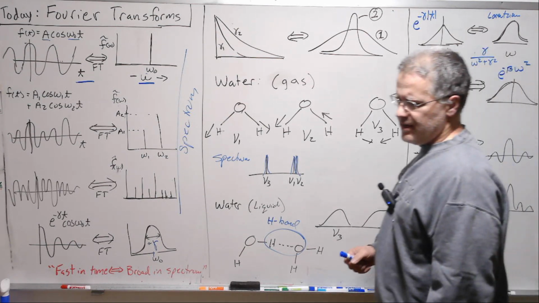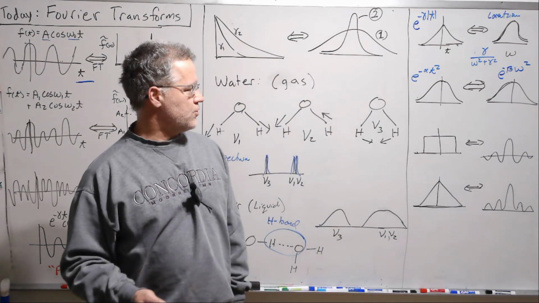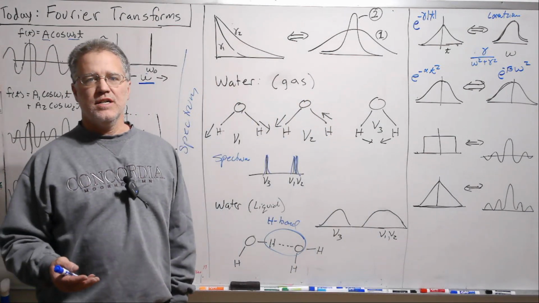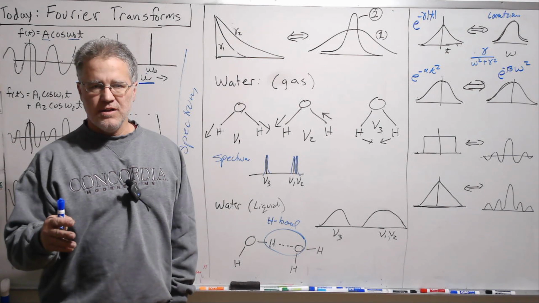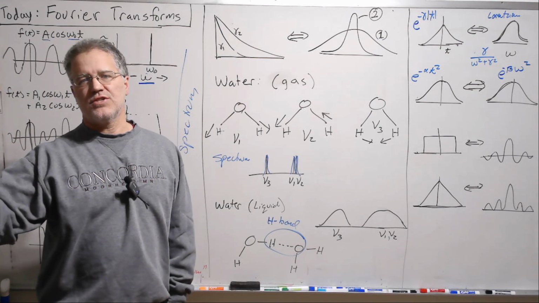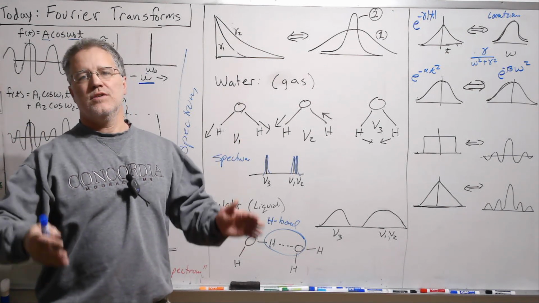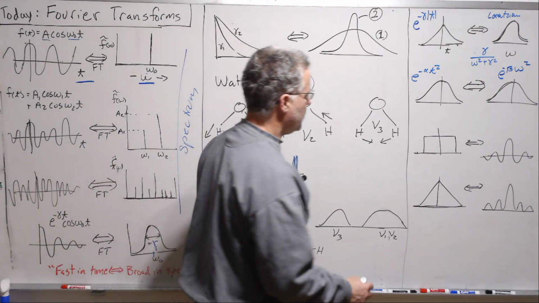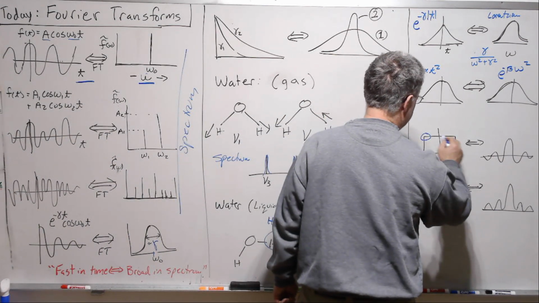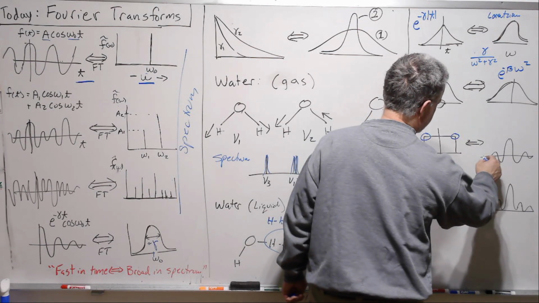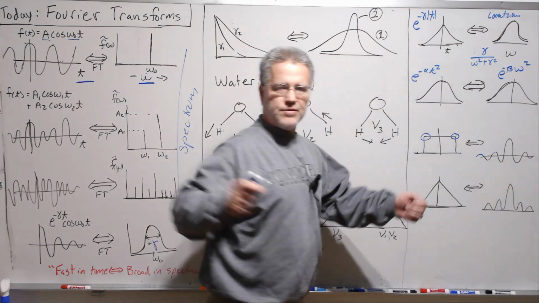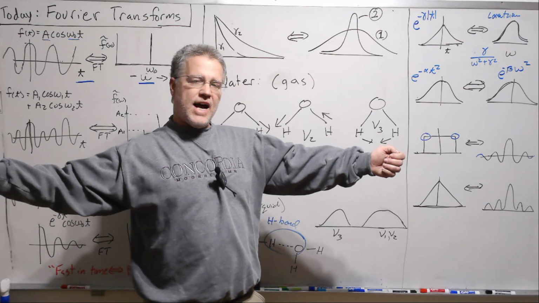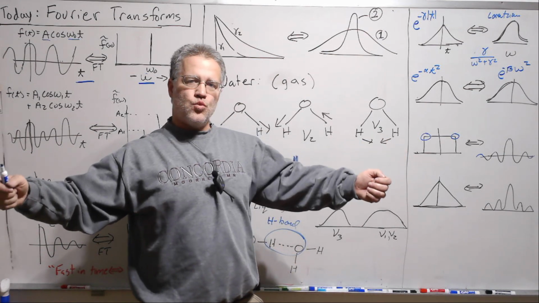Then let's look at a square. This is something that doesn't come up so much with molecules, but it comes up in instrumentation. So if we're sampling data, we can't sample it forever. So we stop sampling with a certain window. And when we have this, the fact that we have these sharp points gives us frequencies that are very big on either side, and it also gives this ringing effect.